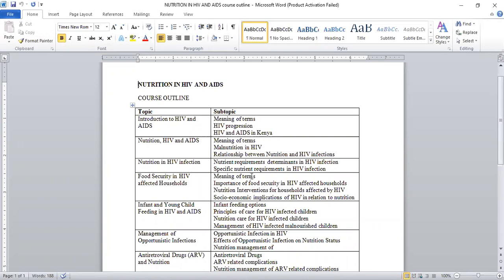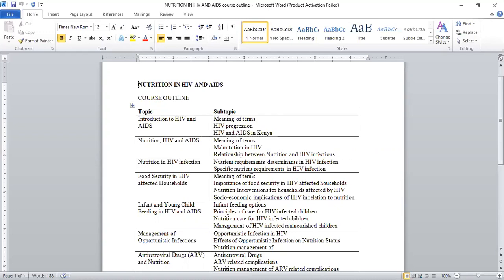Then the food security in HIV affected households. This is whereby you need to determine, is the breadwinner the one who is affected? If the breadwinner is the one who's suffering, it means that household can be critically affected in terms of acquiring food. So how can you ensure that household will be food secure? They won't suffer from food insecurity, whereby they can go a day without food.